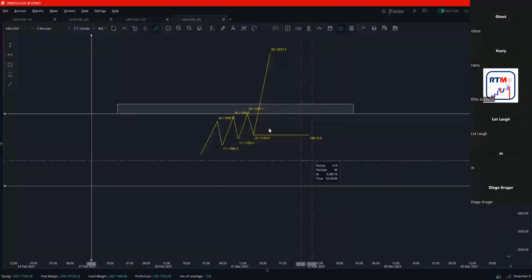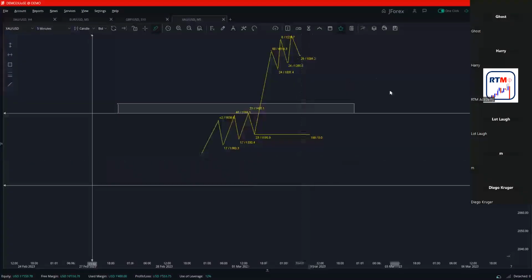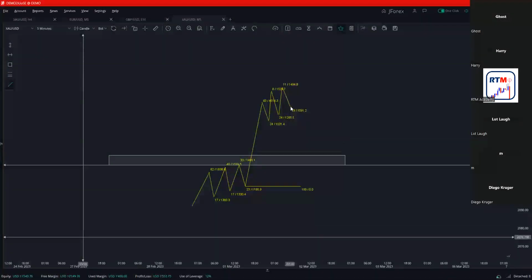But if price doesn't break it, we can pretty much be sure that we'll blow through this zone here. And again, if we have a CP here, we wait again for the same thing. It's all related to what's on the left. Have we hit a target on the left or have we not? That's the real question you should be asking yourself.